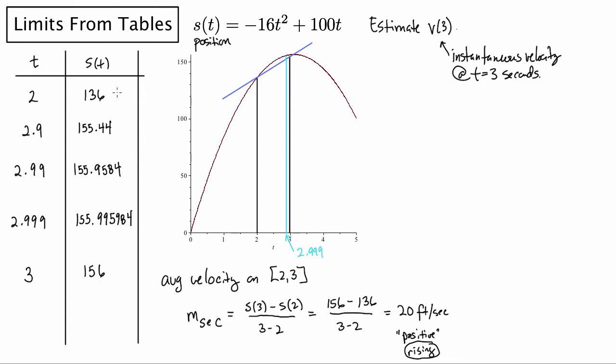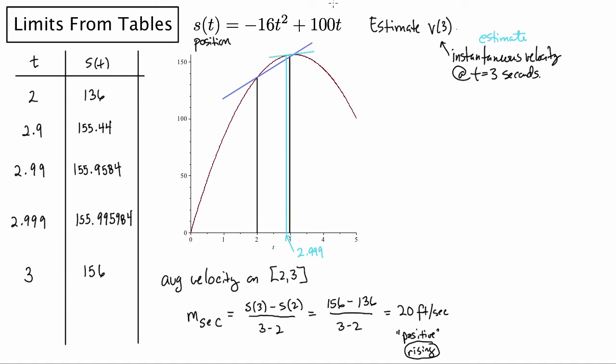And you can see from the table that the position values are getting ever so close to 156. So if I wanted to estimate the instantaneous velocity by using the secant line, the secant line through these 2 points would look like this.